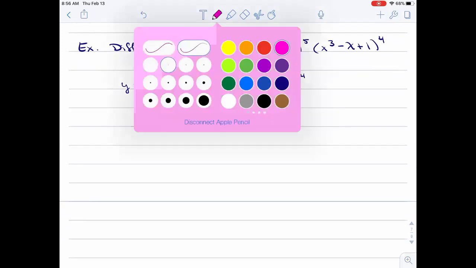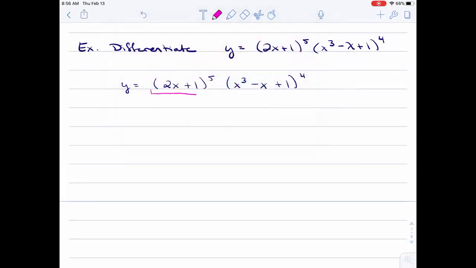So here, I'm going to need a chain rule. And here, I'm also going to need a chain rule.